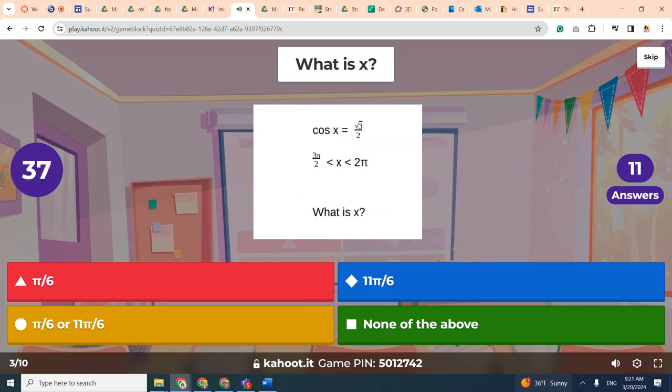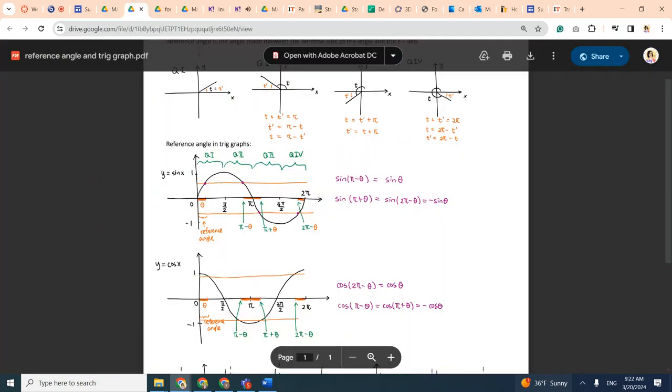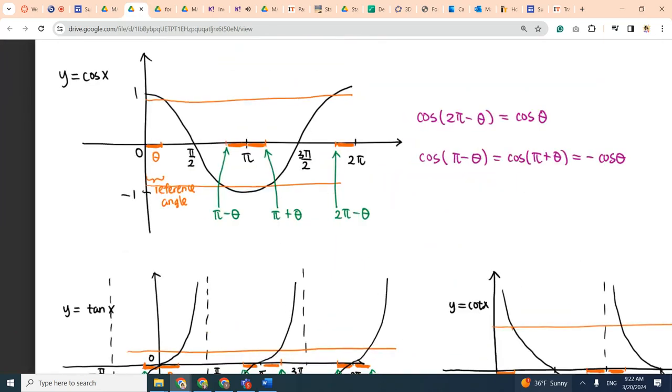Actually, there's an easy way to look at the answer. Which angle is between 3 pi over 2 and 2 pi? There's only one answer, right? This is in which quadrant? 3 pi over 2 to 2 pi. Quadrant 4. Yes, quadrant 4.